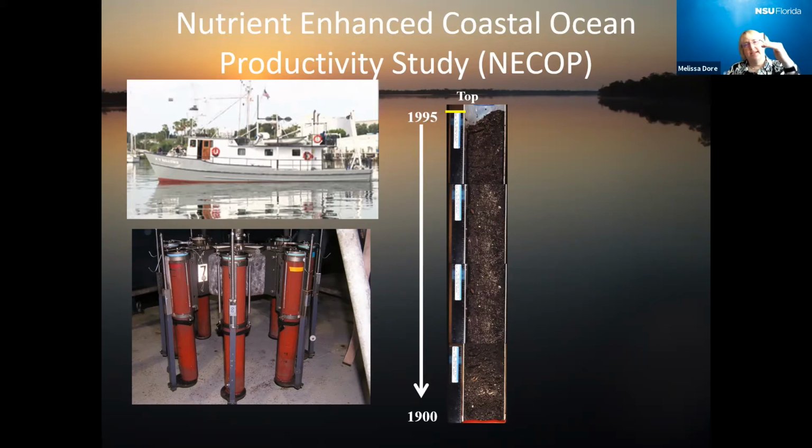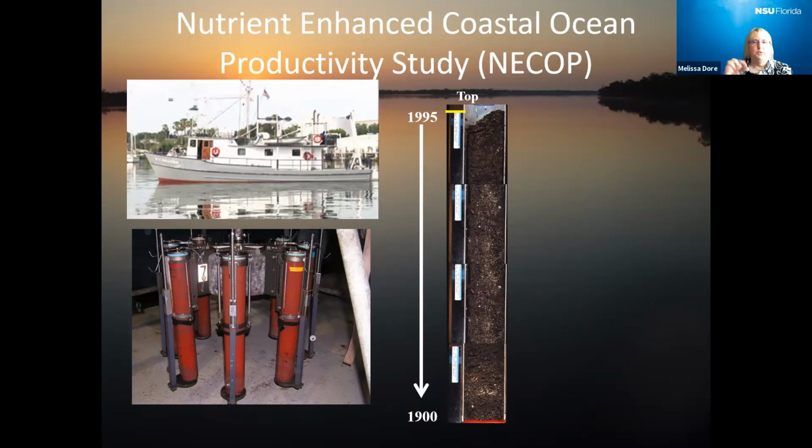When you're taking sediment cores, the top is the newest and the oldest goes down, so you go back in time as you go down the core. This core is the one we took in 1995, and it goes all the way down to 1900, so we have almost 100 years' worth of sediment.